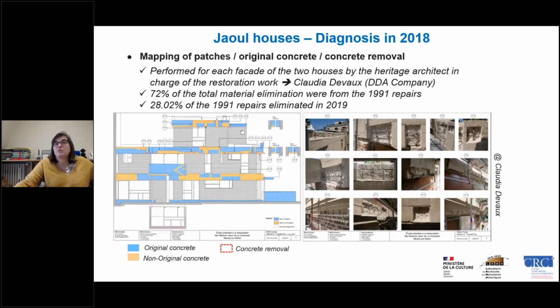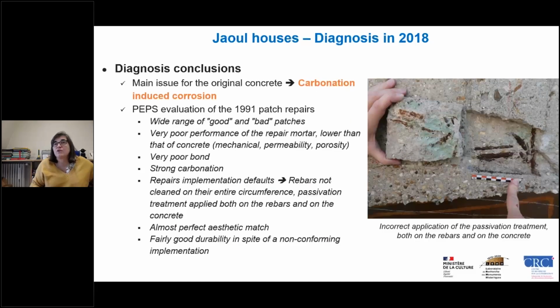And what we could see is that 72% of the total material elimination were from the repairs of 1991. So it showed that even if visually the repairs seemed quite okay, in fact there were issues of bonding and so on, so that we had to eliminate quite a lot of concrete. So the conclusion of the diagnosis was that the main issue for the original concrete was the carbonation-induced corrosion.